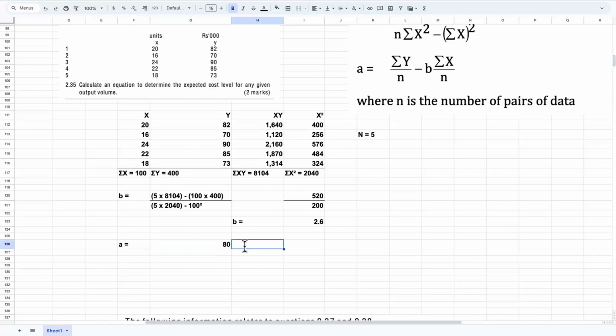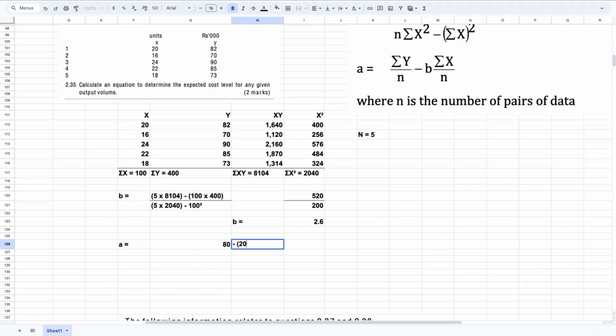Then from this 80, we have to take away b multiplied by sigma x over n. The sigma x value we know is 100, divided by n, that is 5. So 100 over 5 is going to be 20.